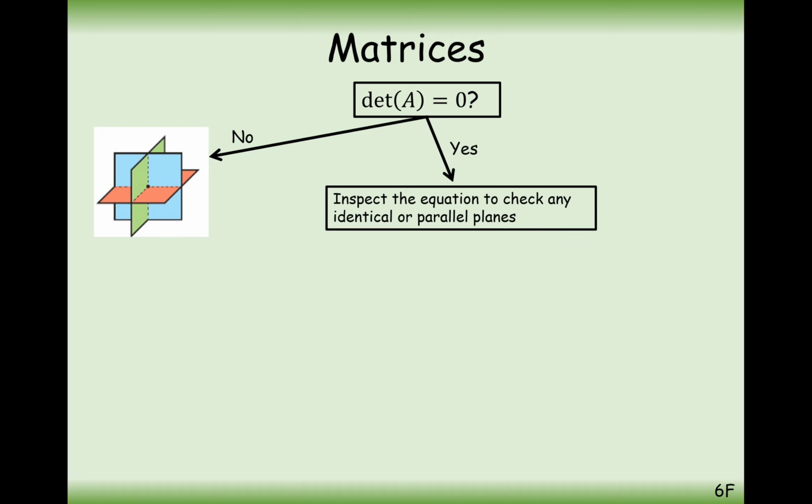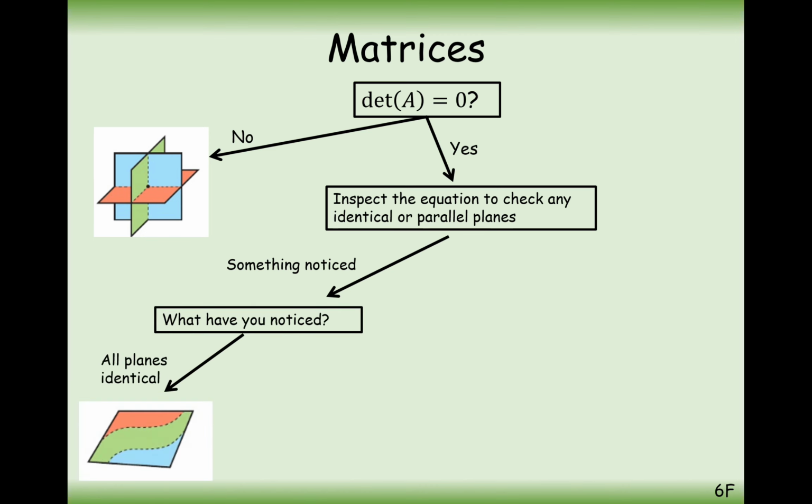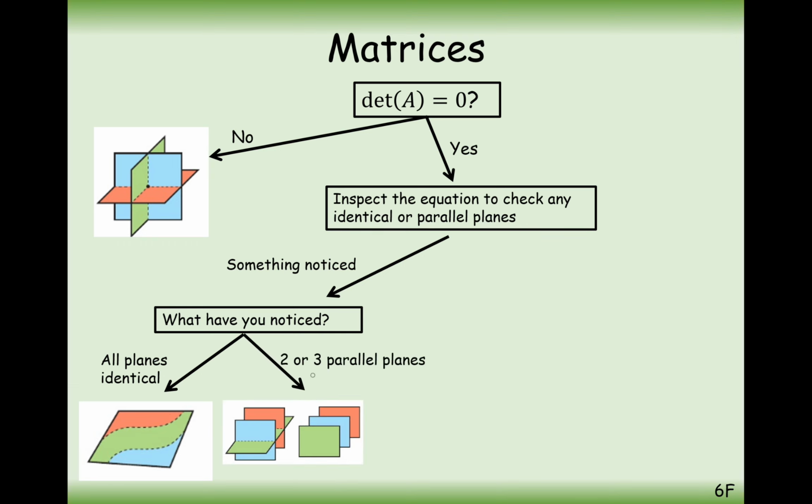If the determinant is 0, then what you've got to do is a little bit of an inspection first to check whether you've noticed something. You can notice a couple of different things, whether all of the planes are identical, or whether you have some parallel planes.